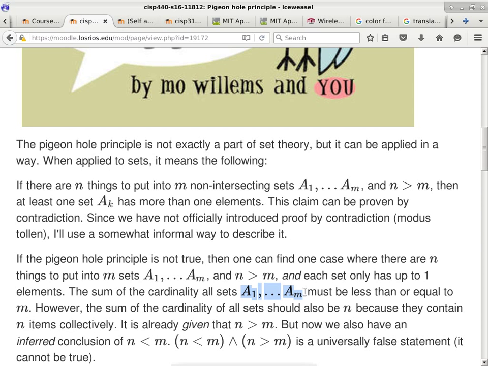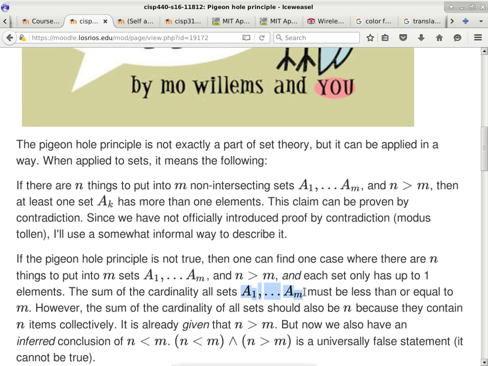Yeah. So let's spell it out. P is basically saying more items than containers. Q, not the negation, the Q itself is saying at least one container has greater than one elements or items.